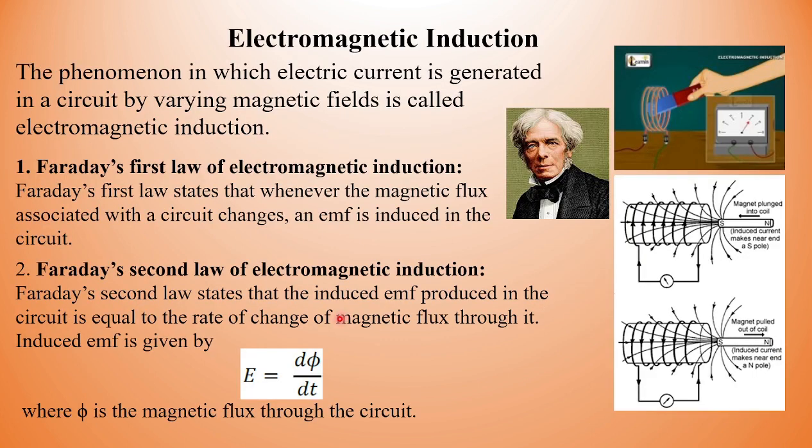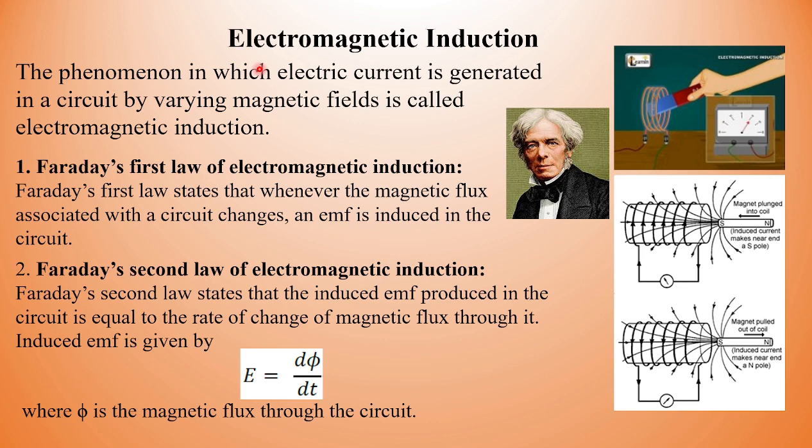Now we know that a moving charge or current produces a magnetic field around it. The reverse of this process is also possible. That is, a varying magnetic field can induce an electric current in a circuit. Whenever there is a change in the magnetic field associated with a coil, a current can be induced, a current can be produced in the coil.